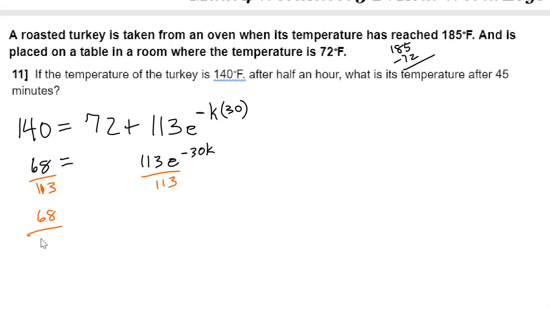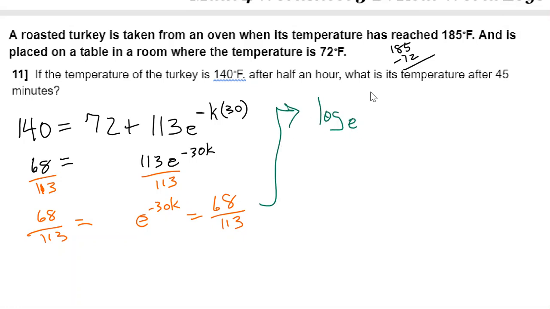So I may just leave it that way, and just put it into our logarithm that way. Log base e of 68 over 113 equals negative 30K.